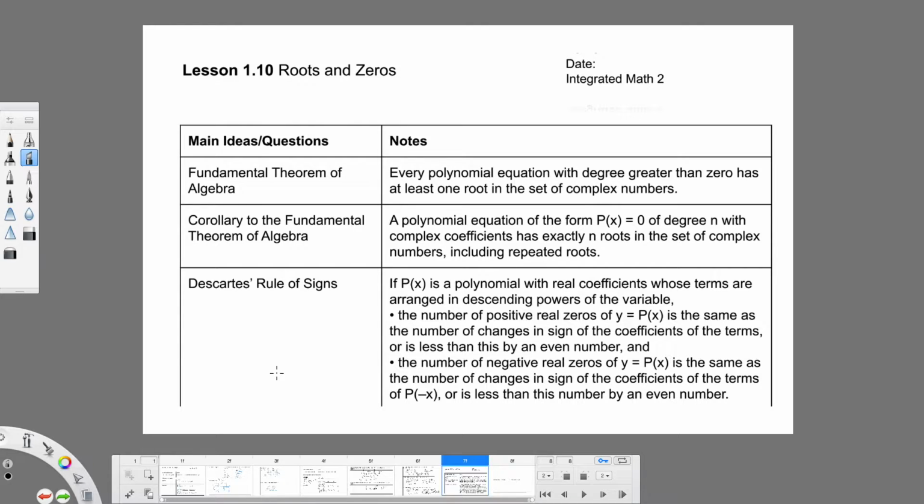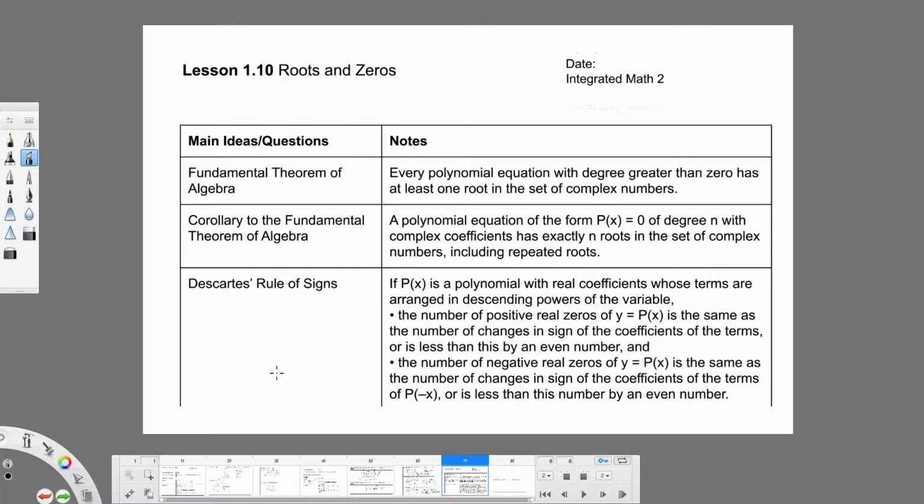The number of negative real zeros of y equals p of x is the same as the number of changes in the sign of the coefficients of the terms of p of negative x. So that means we actually have to flip all of the signs. We have to apply the inverses of all of them. And then we can see the negative real roots instead of the positive real roots.